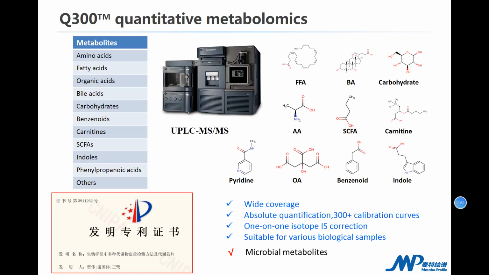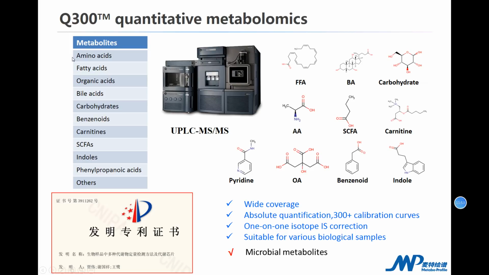Here we report a novel metabolomics technology using an automatic chemical derivatization LC-MS approach that can simultaneously determine over 300 metabolites belonging to different types, which we named Q300 quantitative metabolomics.